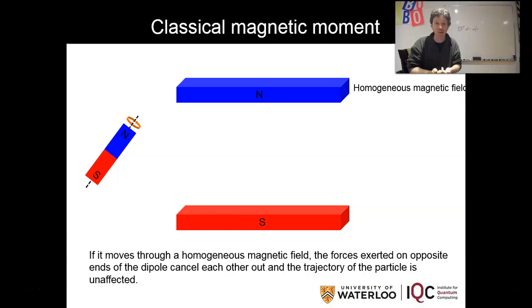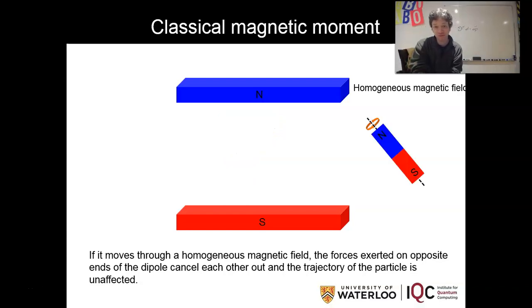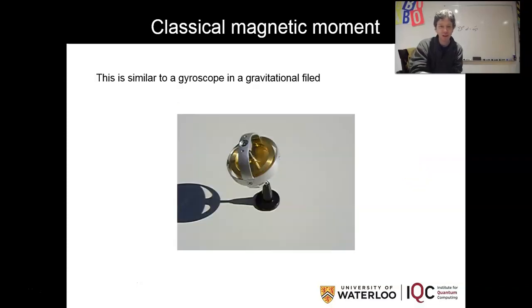Remember, conservation of angular momentum. So what do you think is going to happen in this case? Well, it's going to undergo gyroscopic precession. Sorry, I don't have an animation to show that, but it's going to undergo that gyroscopic precession, and it's just going to pass straight through.